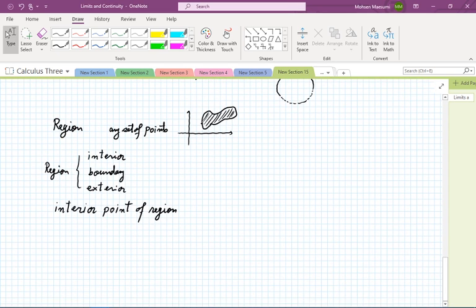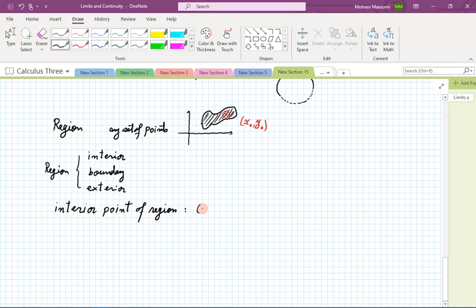So again, going back to this picture, if I am looking at some point, let's call that point, just to fix some point, say x0, y0, it is in the interior of this region if a delta neighborhood of that point is entirely sitting in that region. So here is the definition.